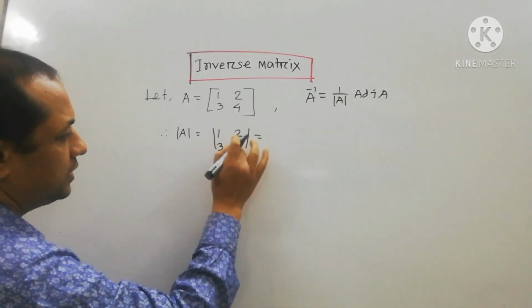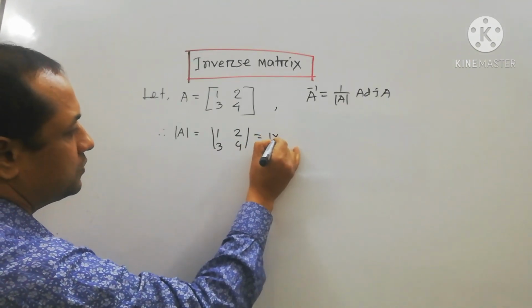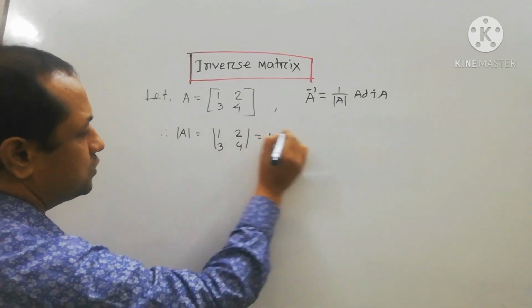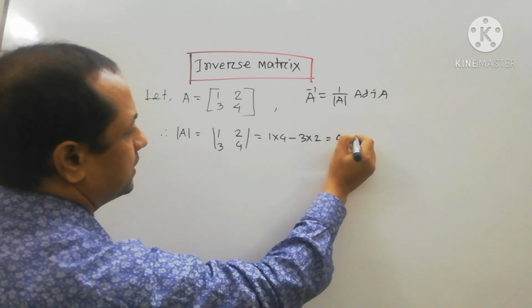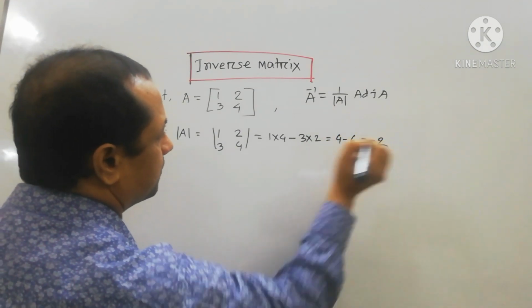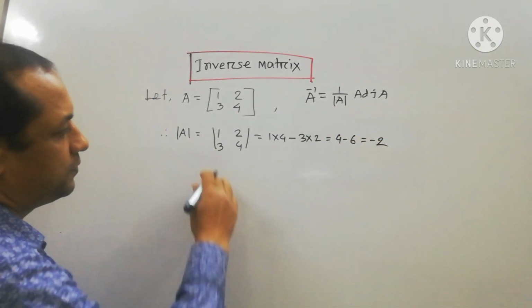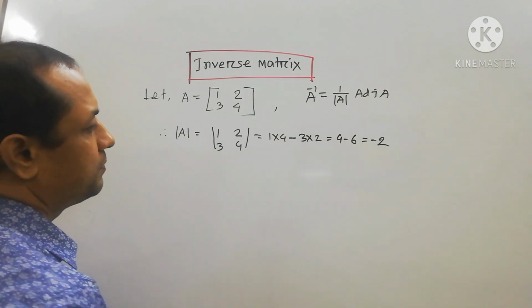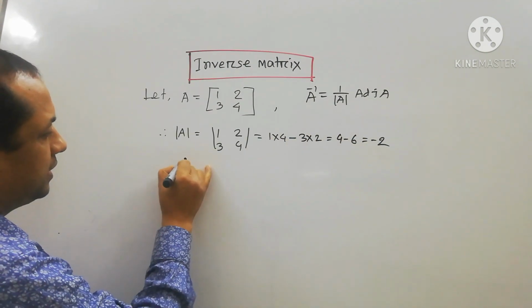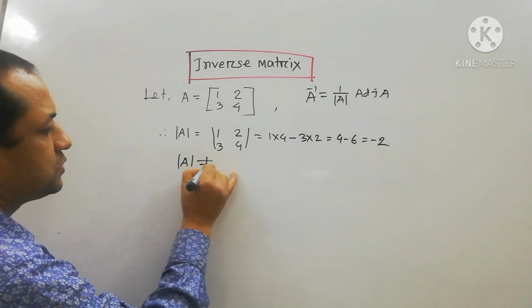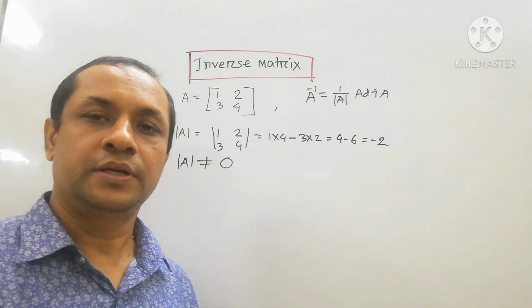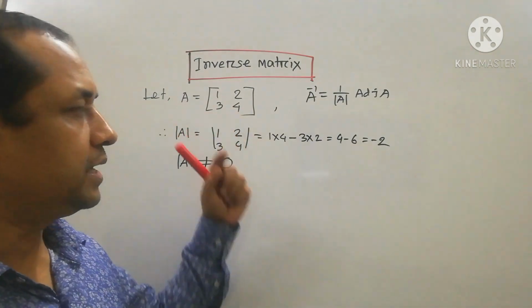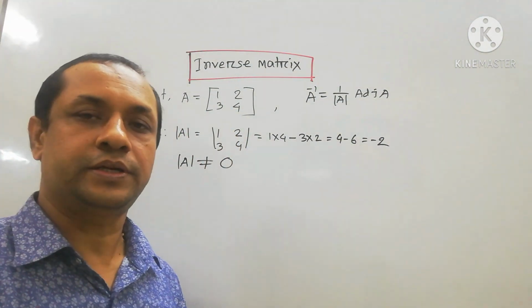Here 1 into 4 minus 2 into 3 equals 4 minus 6 equals minus 2. So determinant of A is not equal to 0. So A inverse exists. So matrix A is a non-singular matrix.